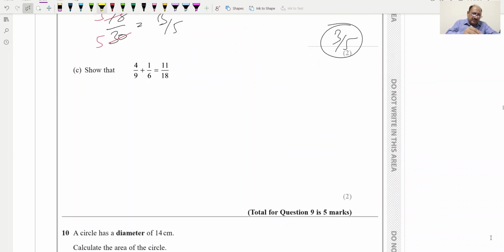Done. And C part, we have to show that this is equal to this. So we'll take the left hand side, which will be 4 by 9 plus 1 by 6.